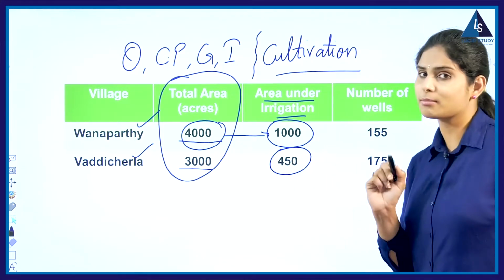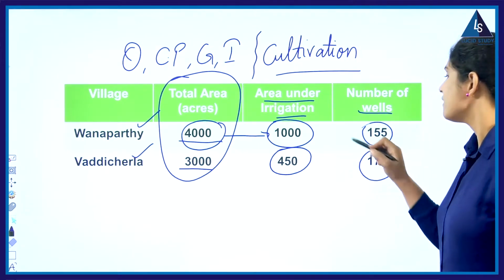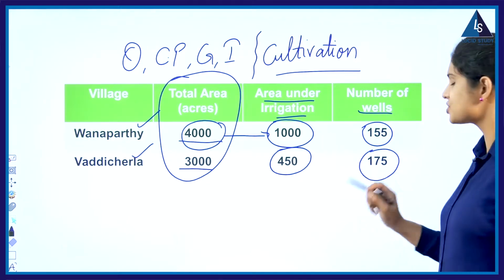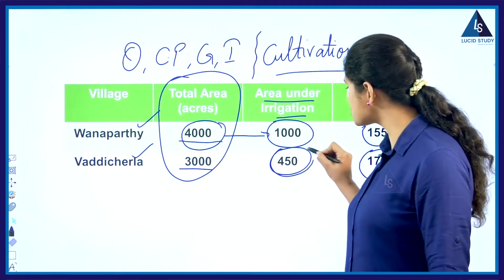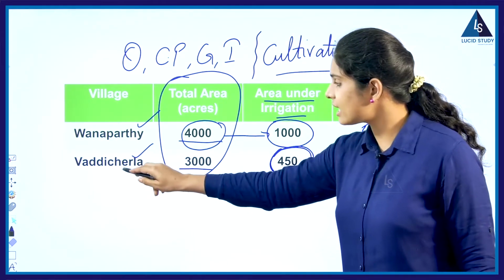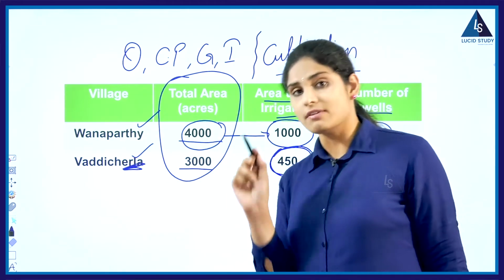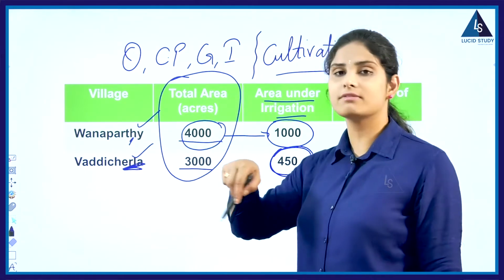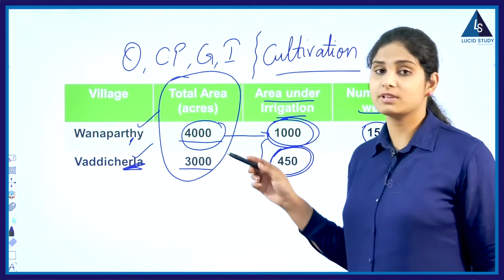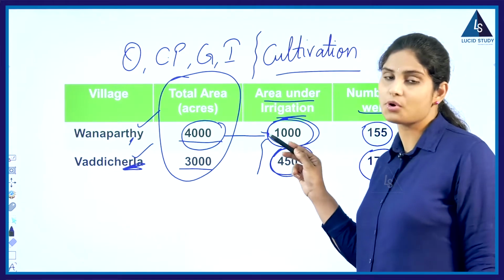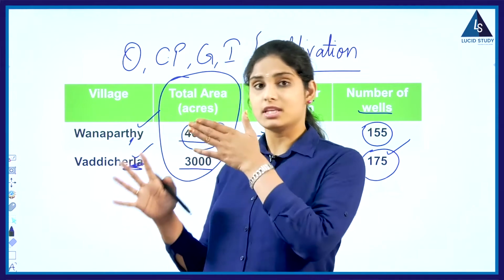But when we talk about the number of wells, Vadicherla has more wells than Vanaparti, 175 against 155. So the area of irrigation is low in Vadicherla because of the scarcity of water, whereas the availability of water is much better in Vanaparti. So comparing the two, the area under irrigation is more in Vanaparti. This is what the comparative study tells us about these two villages.